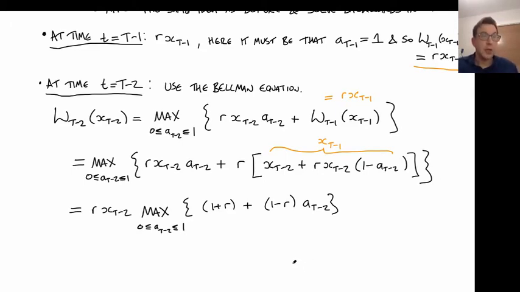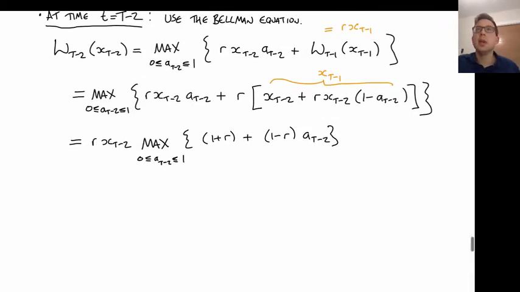All right, so notice this is actually a really easy optimization problem to solve. In particular, notice that this is just a line. It starts at height 1 plus r, and has a slope 1 minus r.